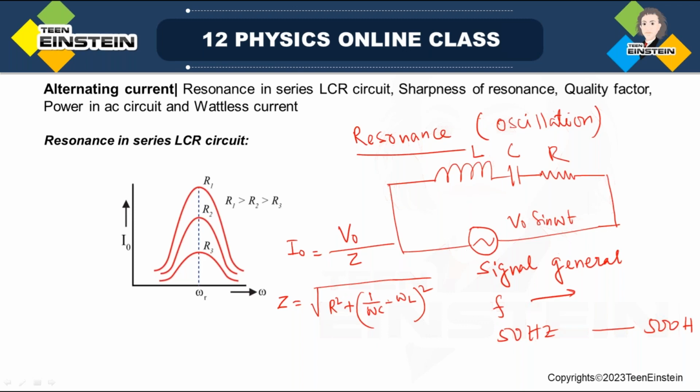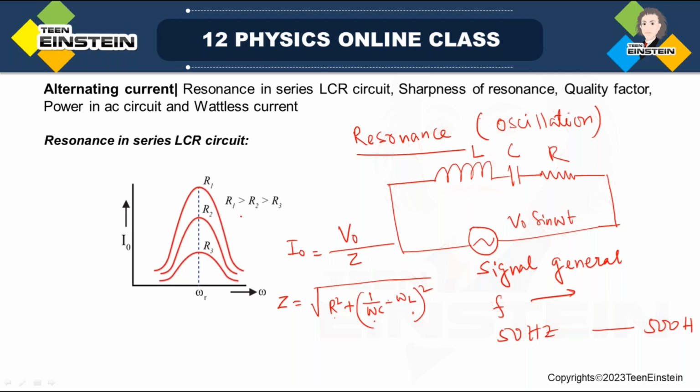This is Z, the impedance, and you see the value of the current depends on the frequency as well as R. If I use different R, keeping the same L and C, the maximum amplitude of the current varies.